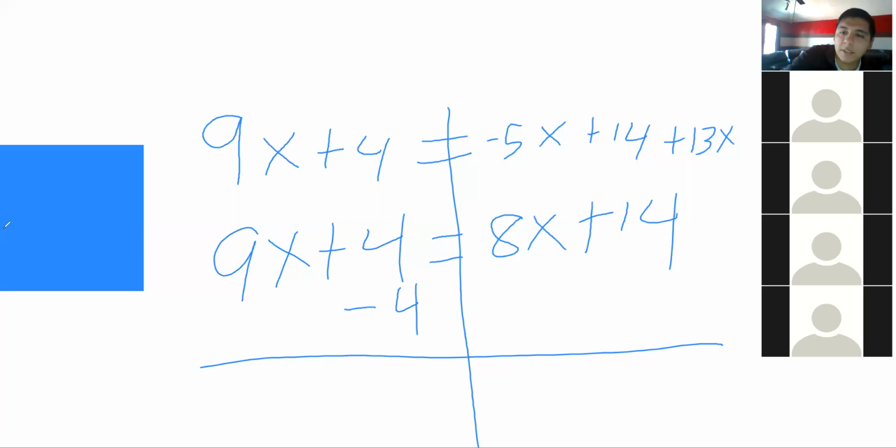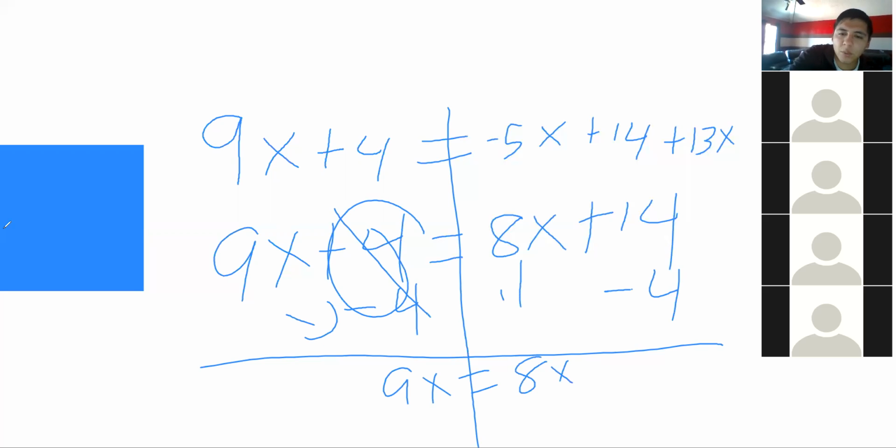We can do that first. So what's going to happen here is that we're going to cancel that out. 9x goes down. And now 8x goes down as well. And then we have 14 minus 4. What would that be? 10. 10. Okay. So then what's the next step?